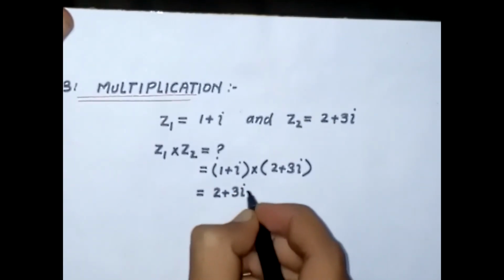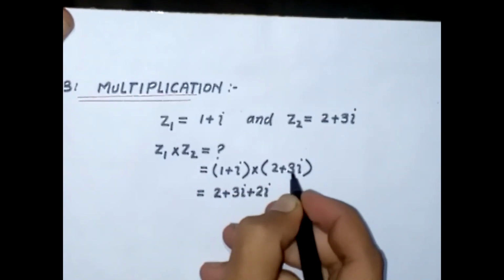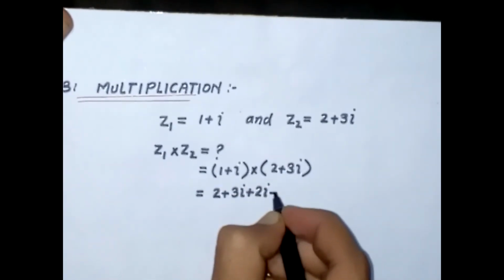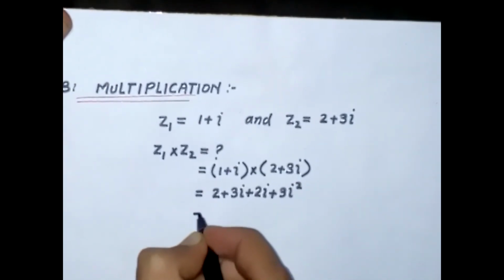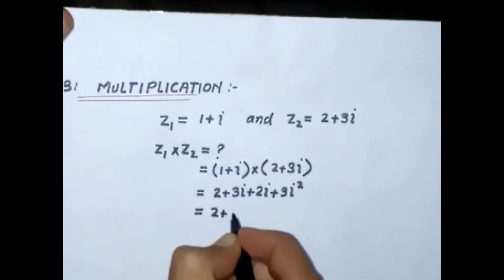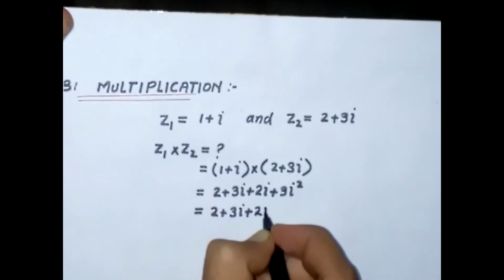i times 2 gives 2i. i times 3i gives 3i square. So we have 2 plus 3i plus 2i plus 3i square.